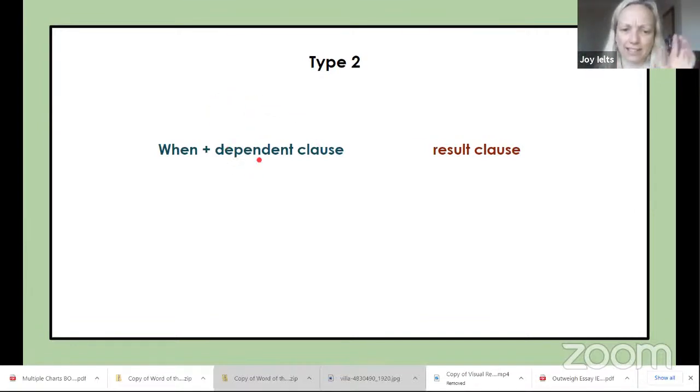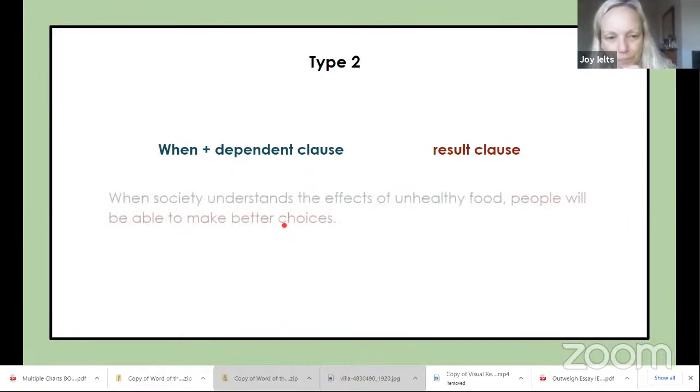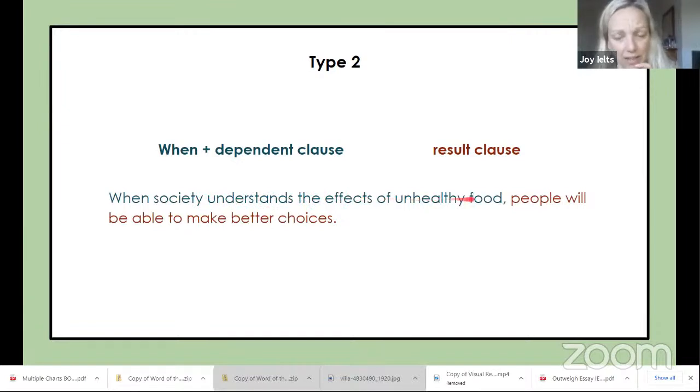And a dependent clause is a little clause and it needs the main clause. So they need each other in the sentence. So we've got this when plus dependent clause. So let's have a look. When society understands the effects of unhealthy food, comma, people will be able to make better choices. So it's cause and result.